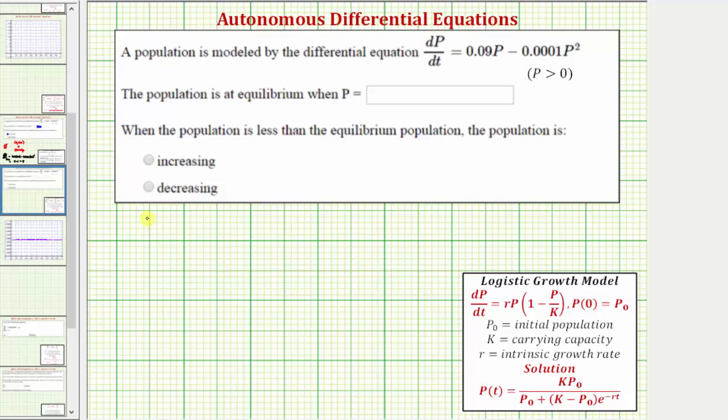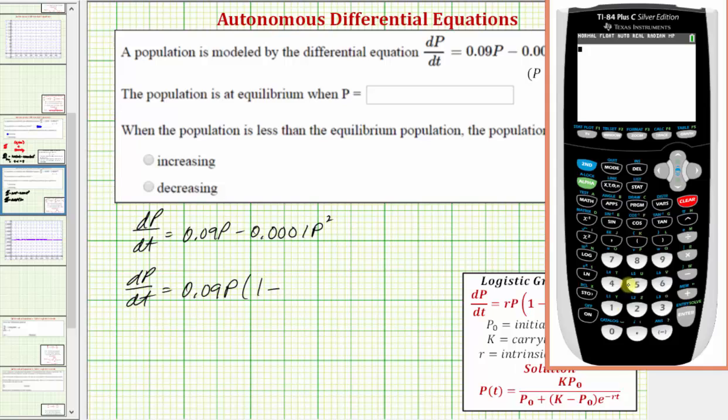So starting with the given differential equation, we want the right side to be a p term times the quantity 1 minus another p term, which means we'll factor the right side and factor out 0.09p. This would give us dp/dt equals 0.09p times the quantity 1, which we need, minus, now factoring out 0.09 from 0.0001 will leave us with whatever we get when we take 0.0001 and divide by 0.09.